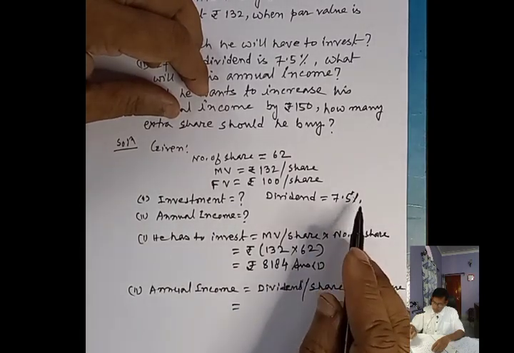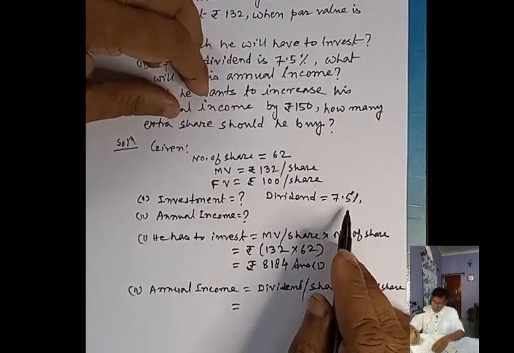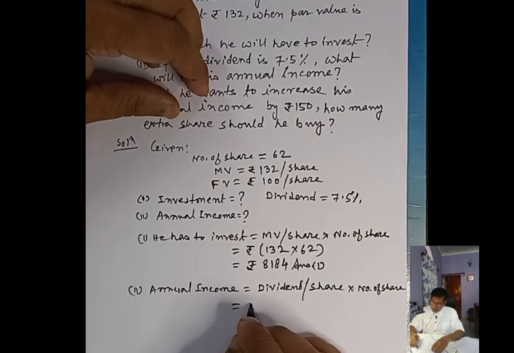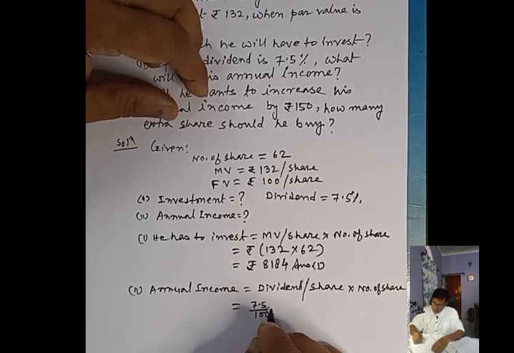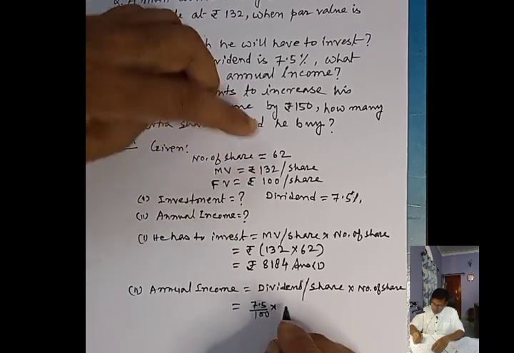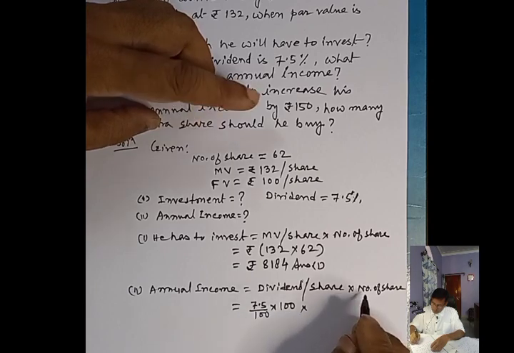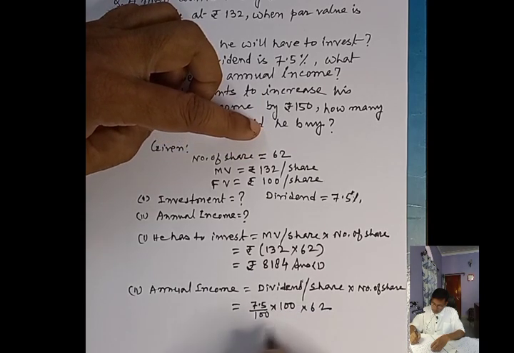Dividend is 7.5% of face value. That is, dividend is 7.5 by 100 into face value 100, into number of shares. Number of shares means 62.